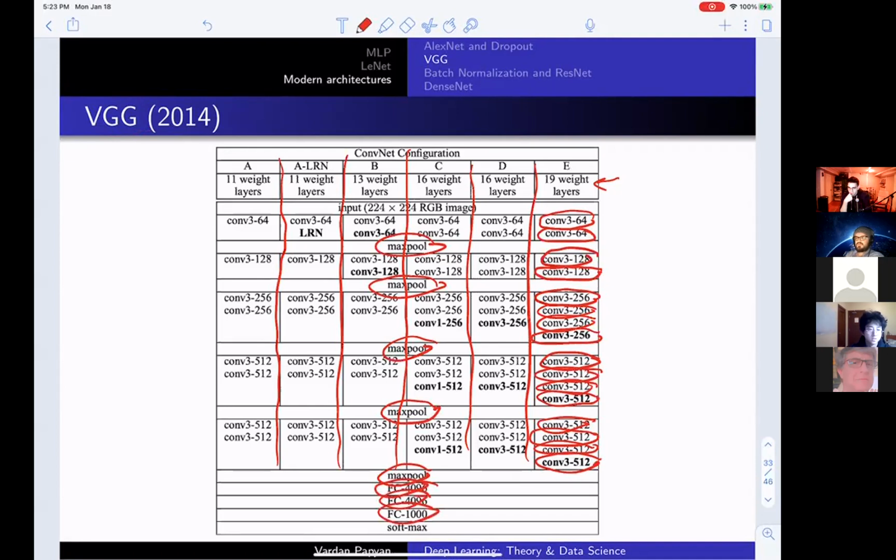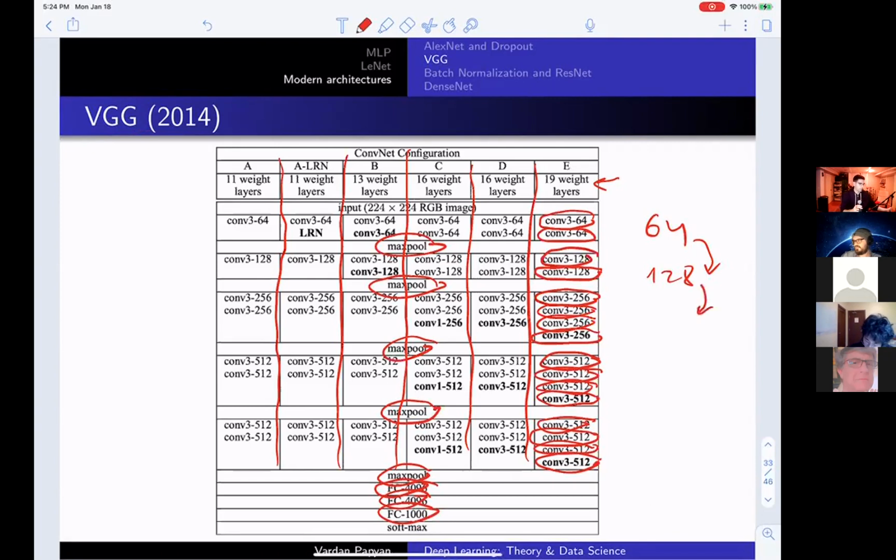So what's the big difference between this and AlexNet? The big difference is that they use 3x3 convolutions instead of 11 by 11 or 5 by 5 and so on. All the convolutions are 3x3. And you can see how it's much deeper. And you can see how the number of channels is a power of 2. Why is the number of channels a power of 2? Because computer scientists like powers of 2, right?